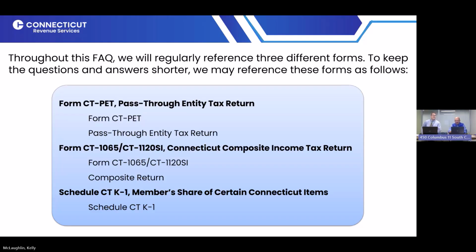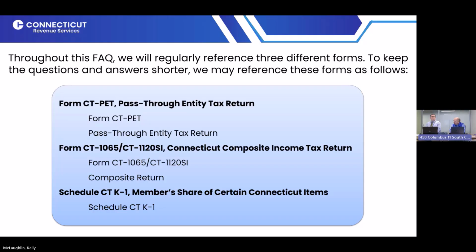Right. It is important to note the 2 main returns because they are changes this year. The first is the form CTPET, which is the pass-through entity tax return. We might reference that as the PET or CTPET. The composite return, which we would refer to in shorthand, is the CT 1065, CT 1120 SI, Connecticut Composite Income Tax Return.